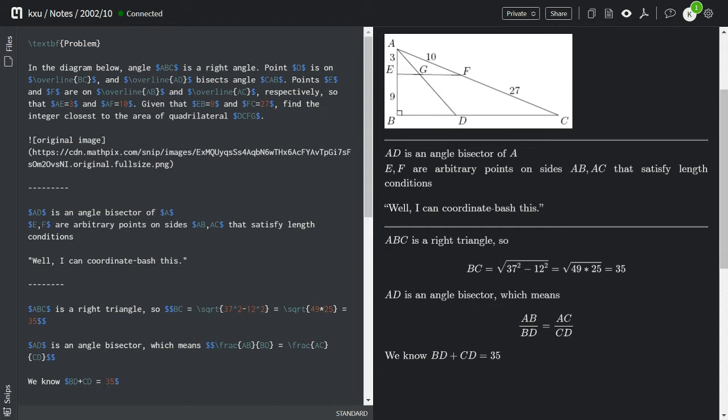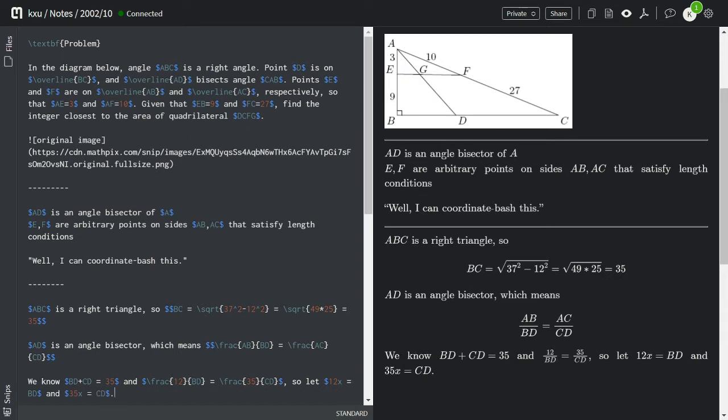Okay, so let's first convert that ratio. We have 12 over BD equals 37 over CD. So to solve this really quickly, we can just let x be some variable such that 12x is equal to BD and 37x is equal to CD.